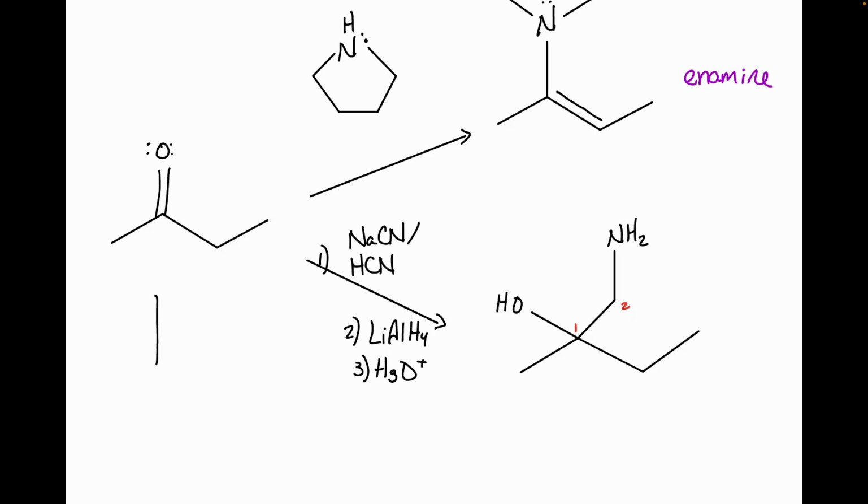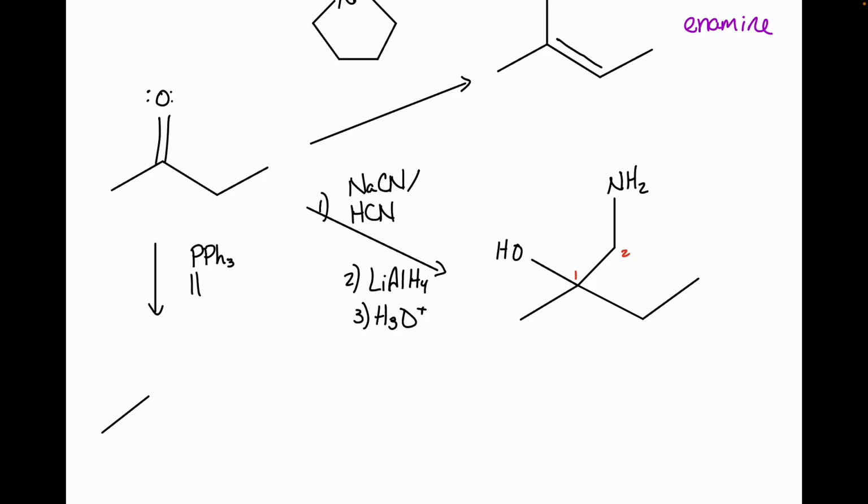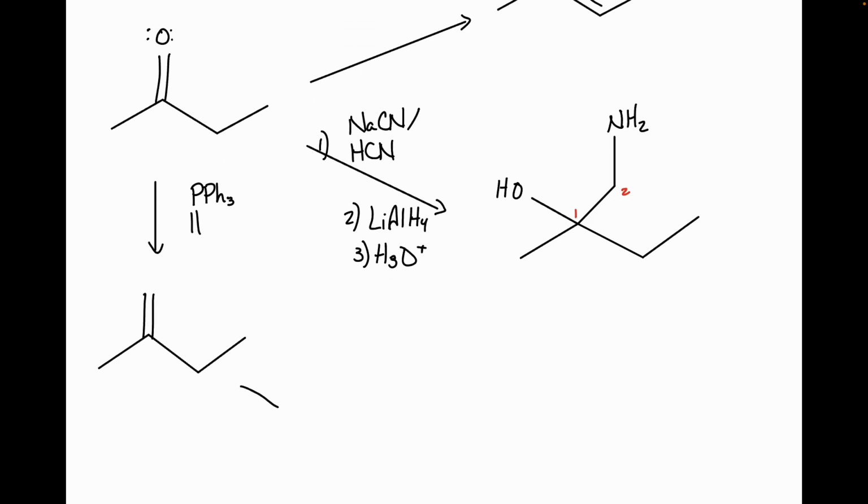And in fact, if we really wanted to, we could have done that same sort of idea, first converting this into an alkene, so that then we could turn around and make an epoxide.